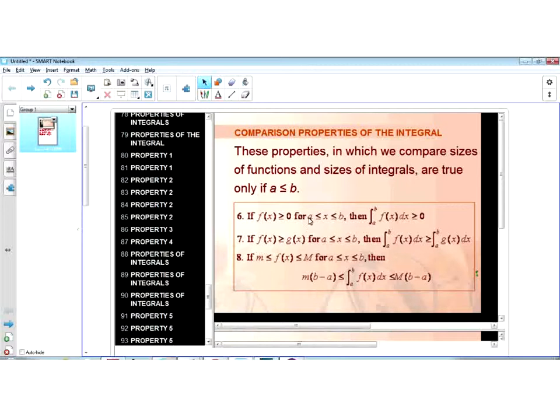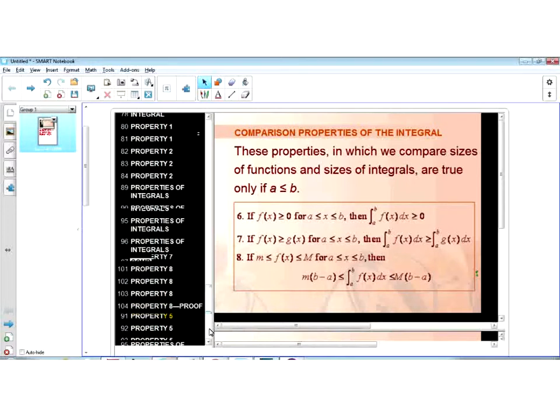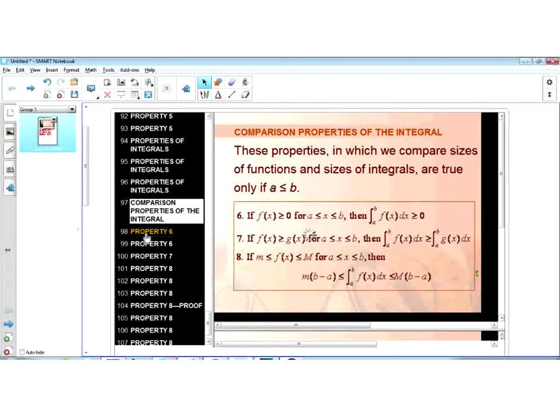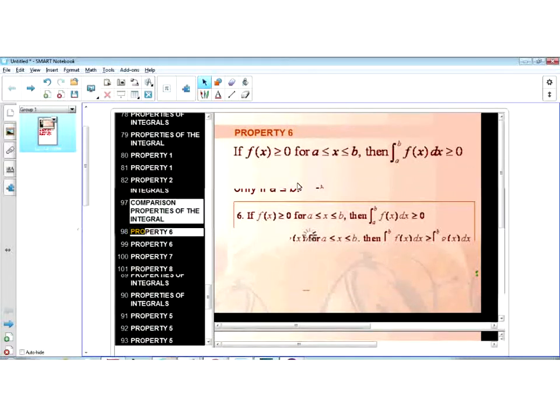And this doesn't matter if f of x is below or above the x-axis or a combination of both, just as long as f of x is greater than g of x. If f of x is wedged between a lower bound and an upper bound on a closed interval, then the area is bounded below by the area of this rectangle and above by the area of this rectangle. So those are very useful properties. We'll have some web-assigned questions leveraging those. So let's talk about property 6. Maybe there's a graphical rendition of it.